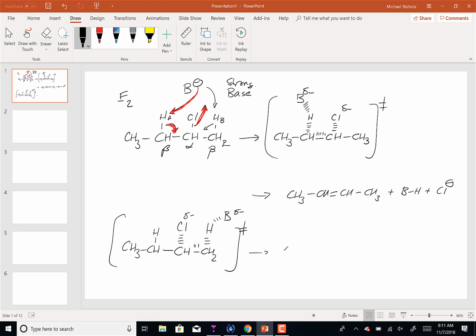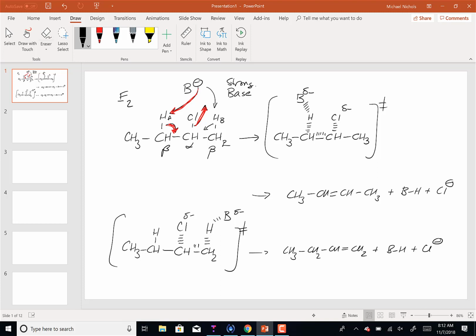And then that final product would be, so we get the same two products, potentially. We get the same two products that we got from doing SN1. So the whole idea of doing elimination is you've got to find the alpha carbon, the beta carbons, and the beta hydrogens.